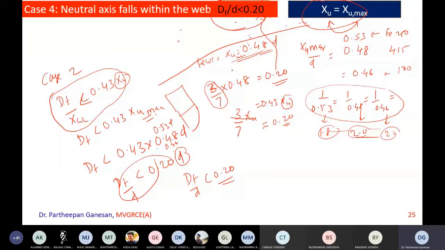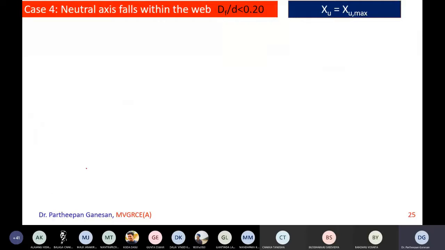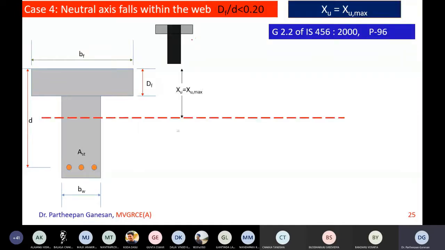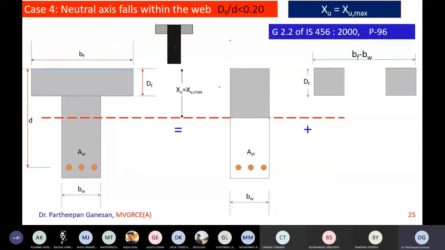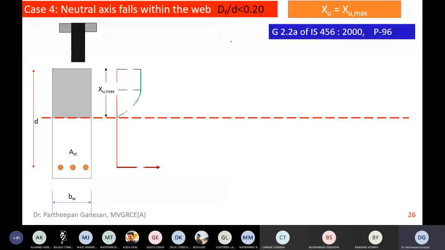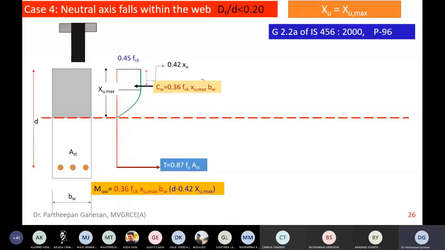So here everything is absolutely the same. When Df by D is less than 0.2, what we do is X is XU max for the rectangle portion, this is the rectangle portion, this is the flange portion, everything same. So the only difference you will make here is instead of XU you are putting XU max.